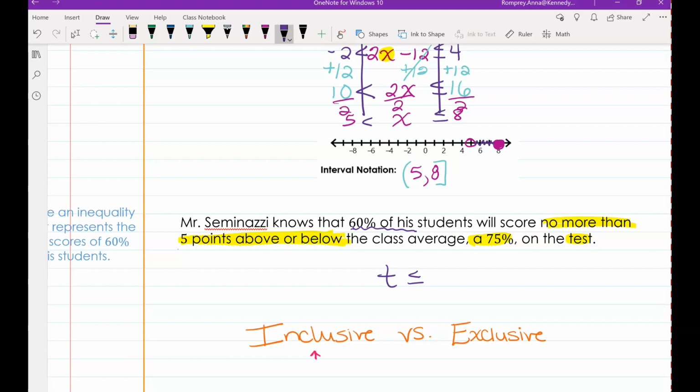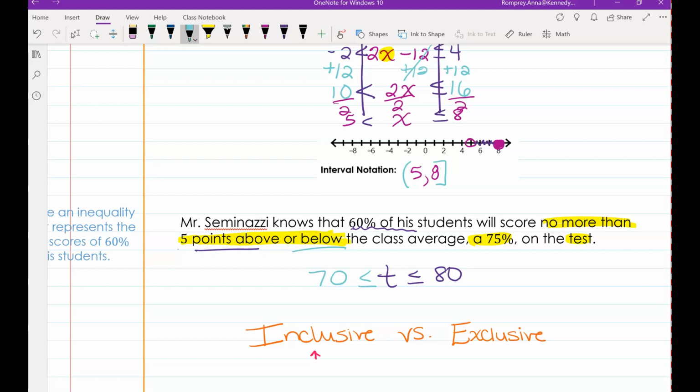So if our average is a 75, what's the max? Well, 5 points above would be an 80. And then what would be the minimum? 5 points below that 75 would be a 70. So 60% of his students are scoring between a 70 and an 80.